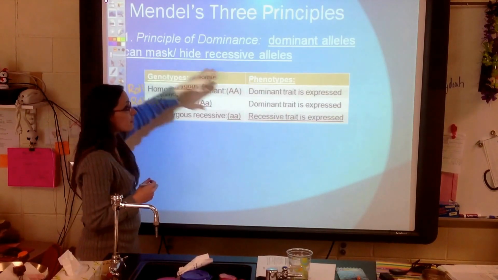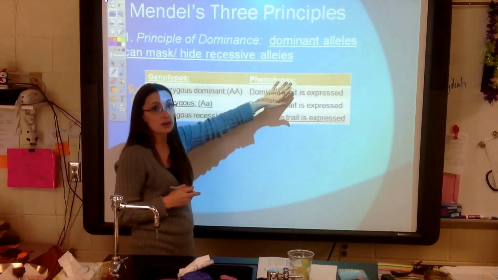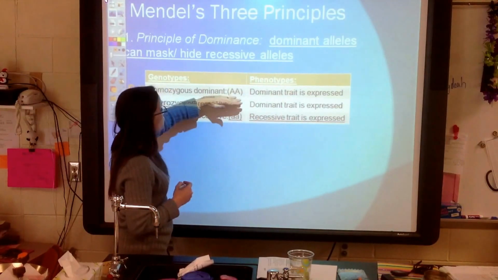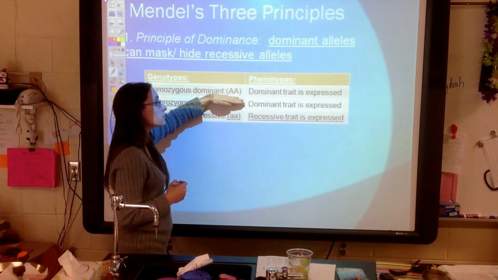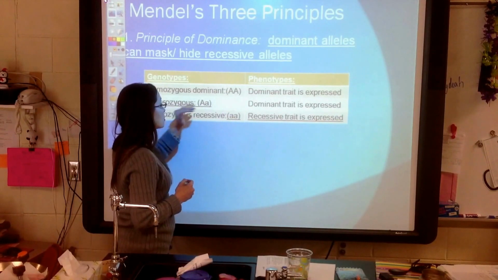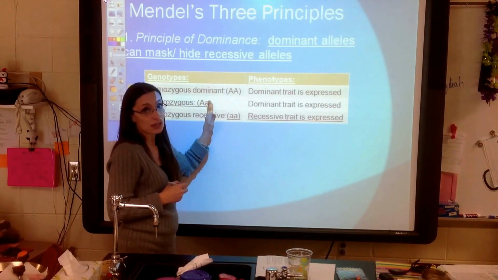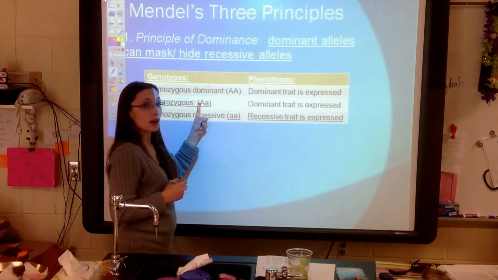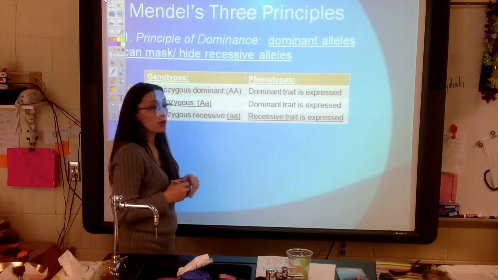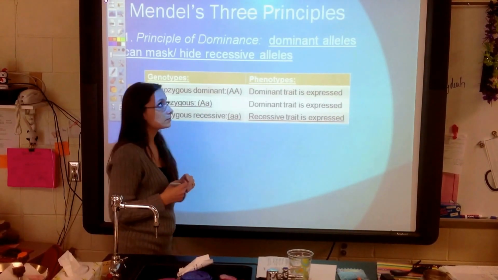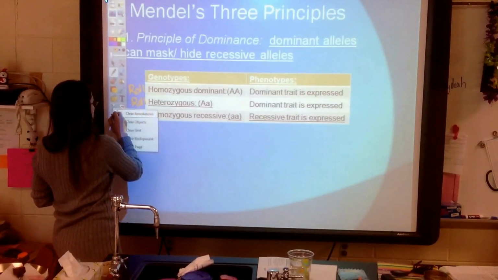But if you have the dominant physical appearance, it could be because you have two dominant alleles, or it could be that you have a dominant and a recessive, because just one dominant allele can hide or mask the others. So that's Mendel's first principle.